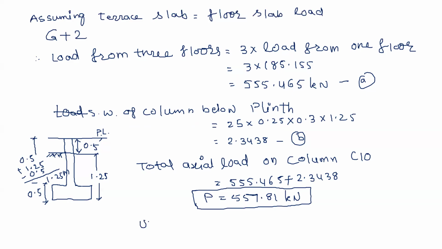So ultimate axial load. Ultimate load we have equal to 1.5 into 557.81, and we will get the value of PU. This is equal to 836.71 kilonewtons.